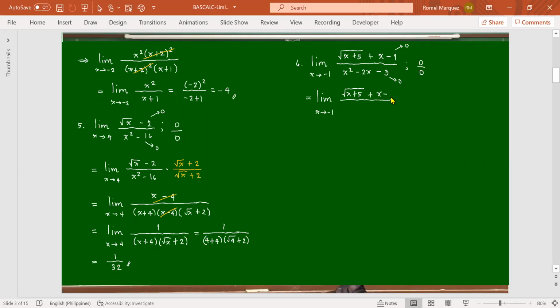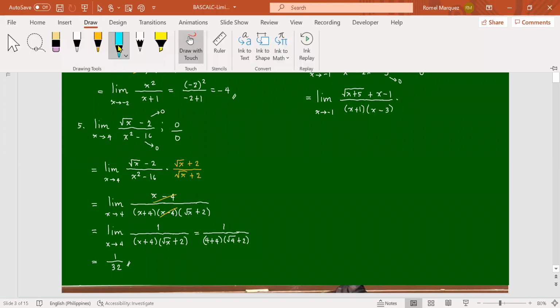Plus x minus 1. Then, what's the factored form of the denominator? X plus 1, x minus 3. What is our multiplier?